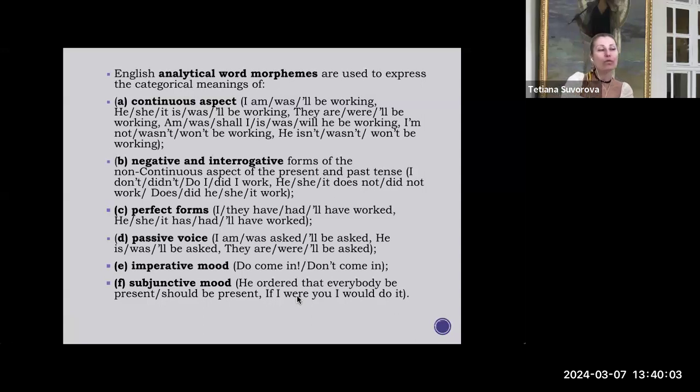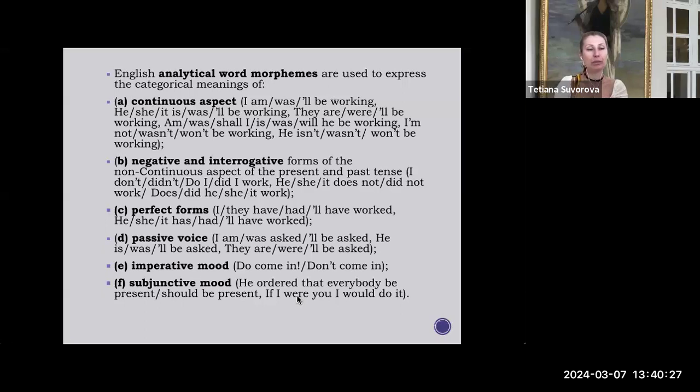And all verbs have one subjunctive form. It is the form of the infinitive without particle to, used with all the persons. For example, I be, you be, he be happy. So for all the persons, nothing changes.